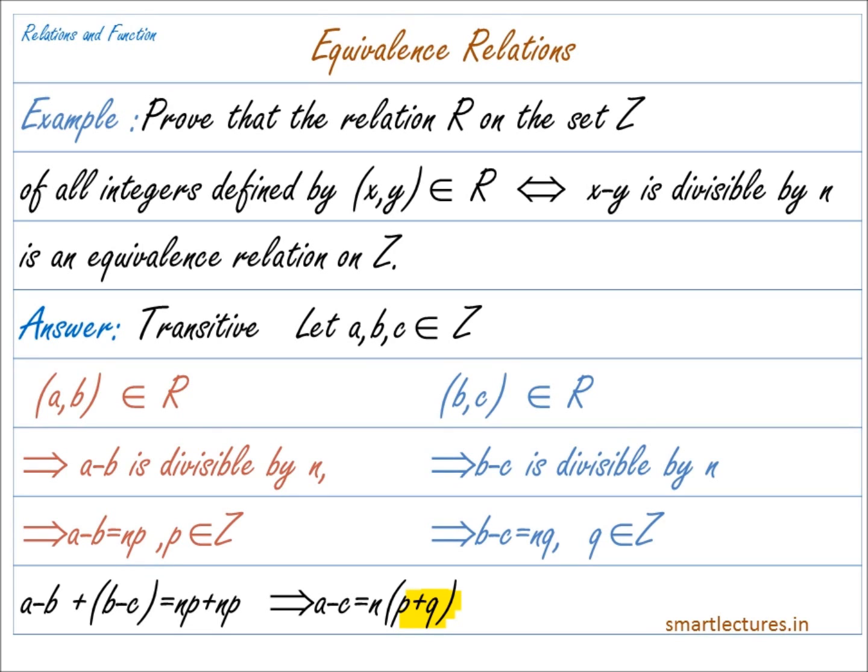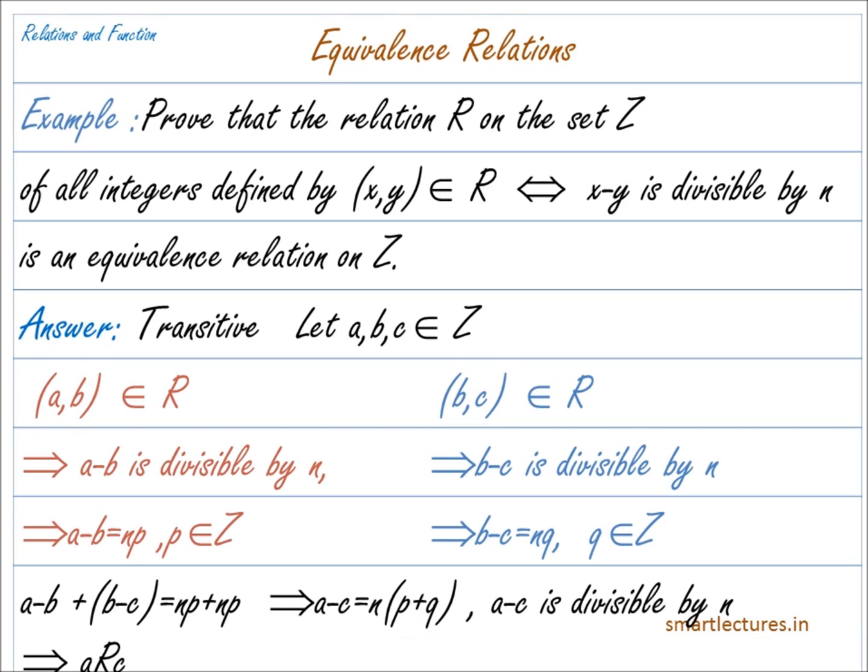So A minus C is equal to N into an integer, that means A minus C is also divisible by N, or we can say A is also related to C. So if A is related to B and B is related to C, then A is also related to C. So given relation R is transitive. So now given relation is reflexive, symmetric and transitive. So that means this is an equivalence relation.